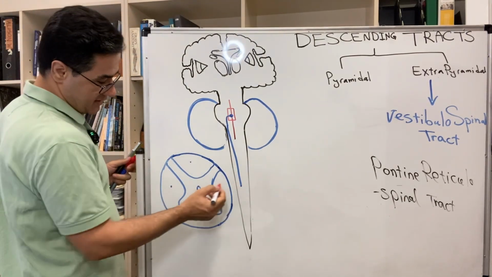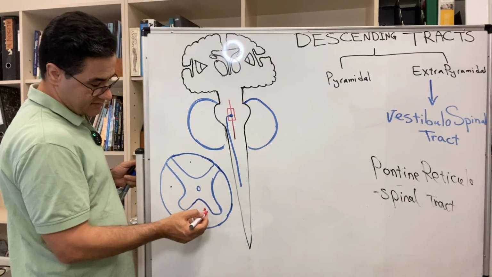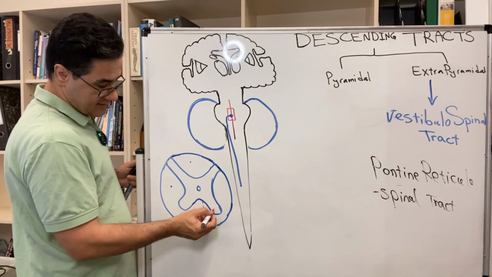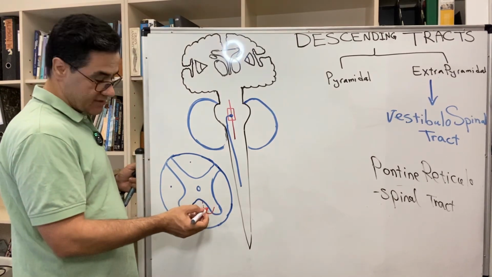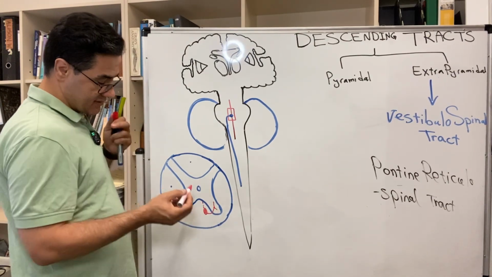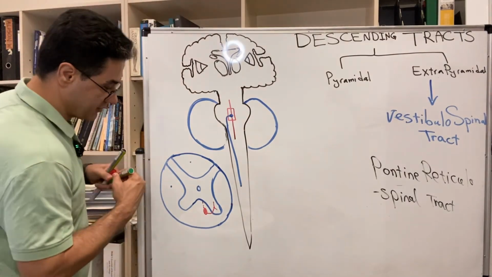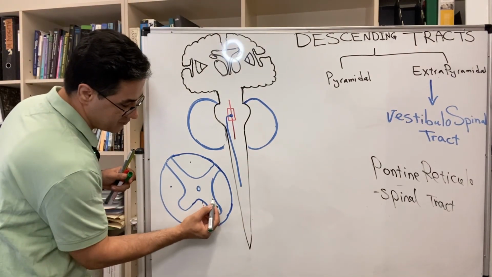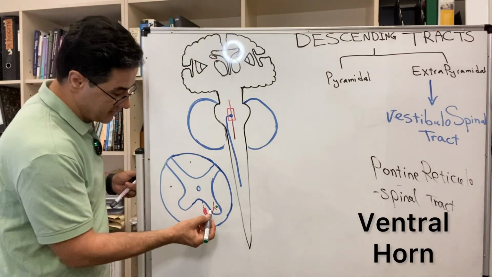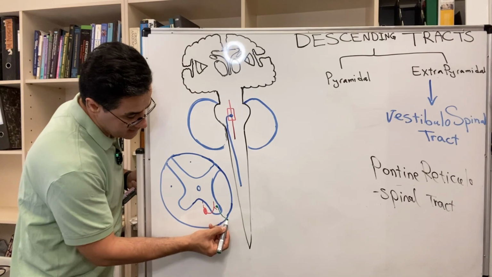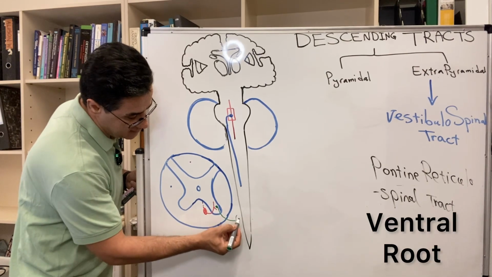Imagine that it lands here at the ventral column, and then it gets into the ventral horn of the gray matter, synapses onto the cell body of the lower motor neuron. So the cell body of the lower motor neuron is within the ventral horn of the gray matter, and then axon exiting the ventral horn, passing through the ventral root to get into the muscles.